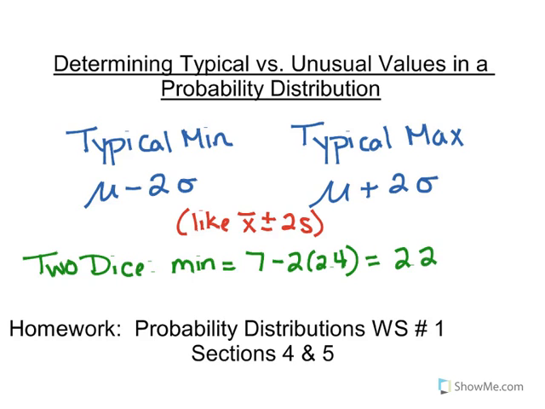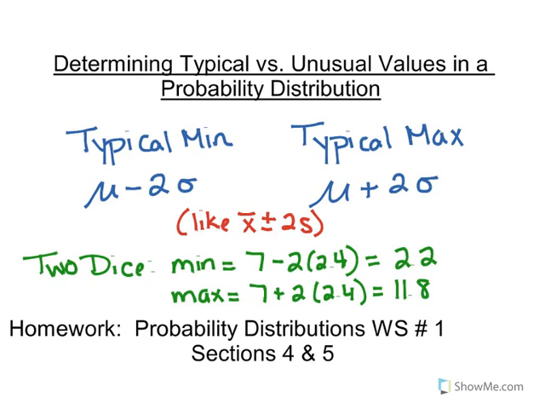So getting a roll that's below 2.2 would be unusual. So getting a roll of 2 would be unusual, but getting a roll of 3 would not. The maximum would be 7 plus 2 times the standard deviation, and that number comes out to 11.8. So getting a 12 would be an unusually high roll to get, but getting an 11 would be typical.